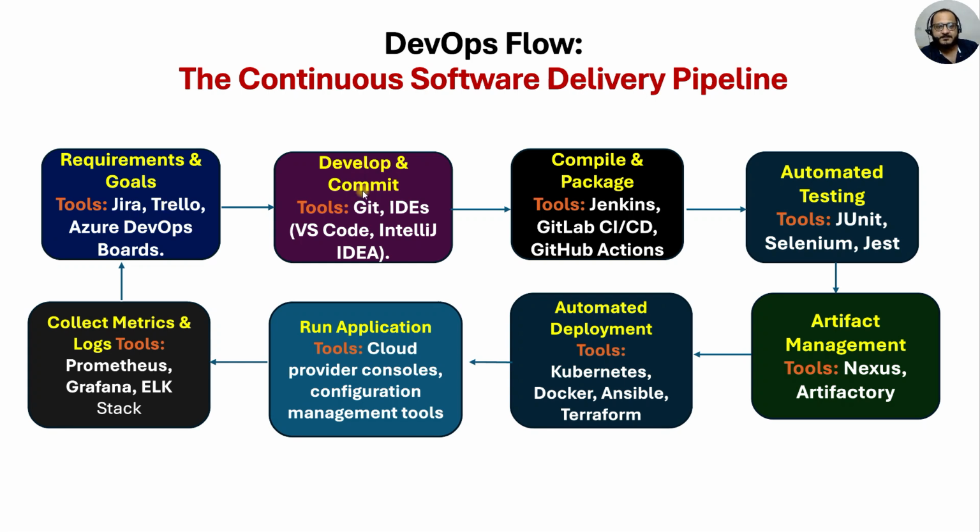In the second stage, develop and commit, developers are responsible for writing their code and checking it into a GitHub repo, but the job of the DevOps engineer is to manage GitHub or any repository they are using, like any distributed system: managing access, repositories, permissions, and a lot of things. So in this second stage, developers and DevOps are both working together.